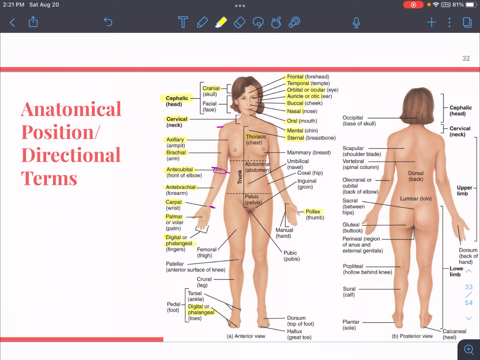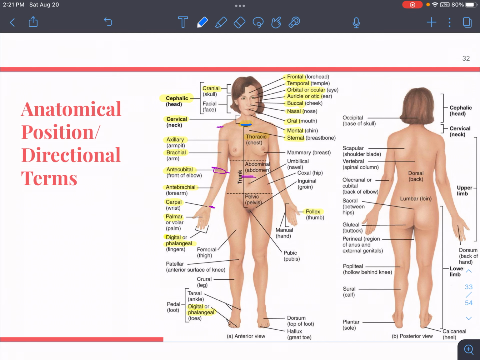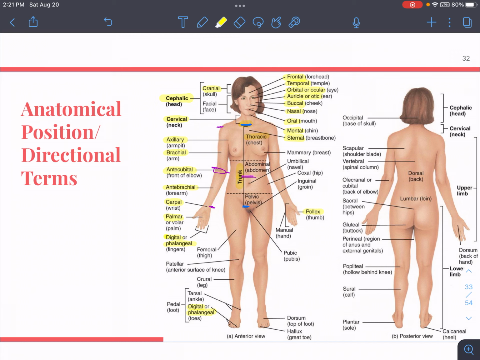We have thoracic, which includes mostly from the end of the cervical, technically it should end right about here, is your thoracic area. The entire area from the base of your neck all the way down, that is known as your trunk.